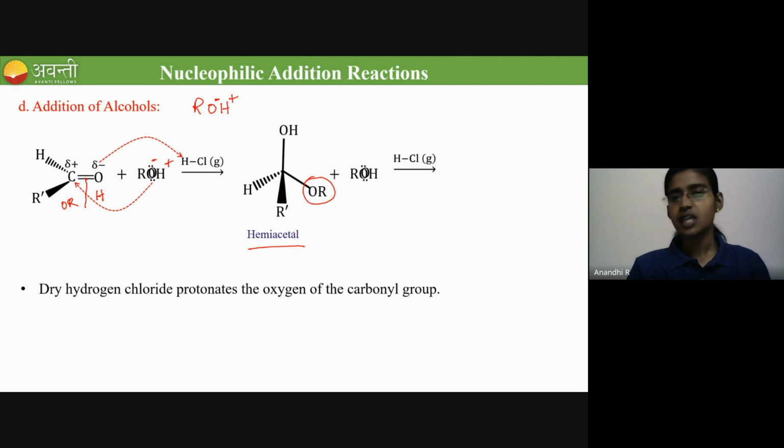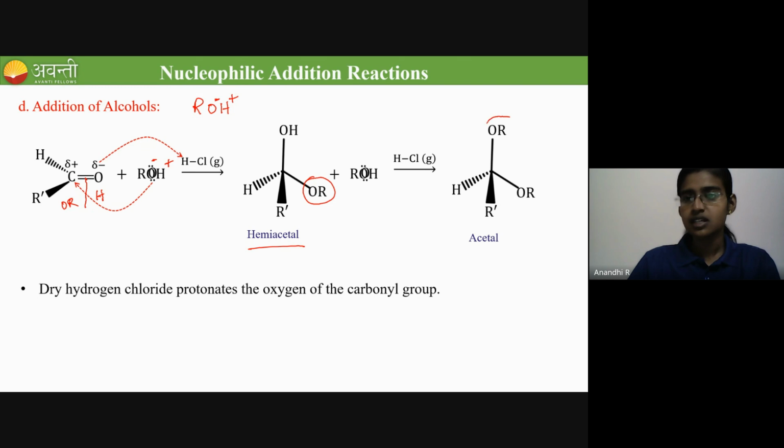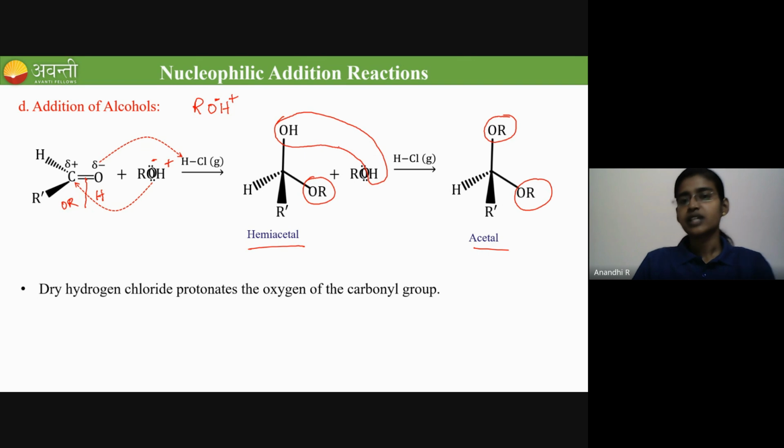Then this hemiacetal on reaction with one more mole of ROH forms acetal. So why is it called acetal? It contains two OR groups. So what is happening here? We are removing the H2O from the compound and we are adding this OR to the carbonyl carbon.